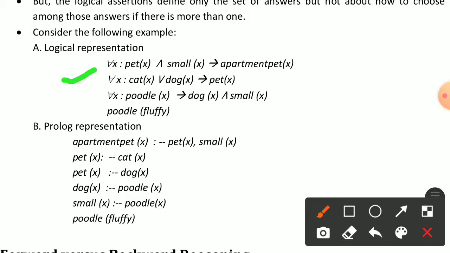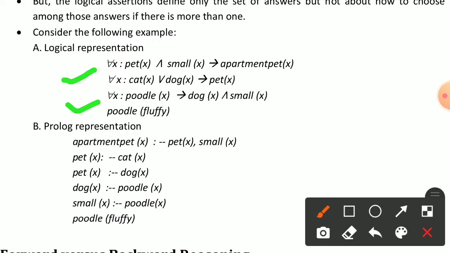We can select only one pet animal, either dog or cat. And for all x, poodle x implies dog x and small x, poodle fluffy. So if we select the dog animal, then it is also small.